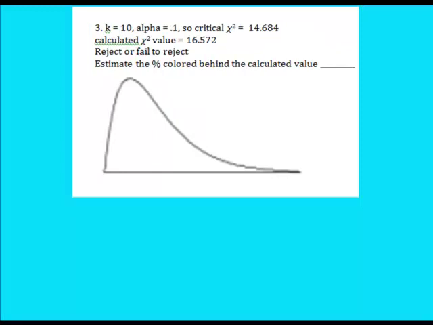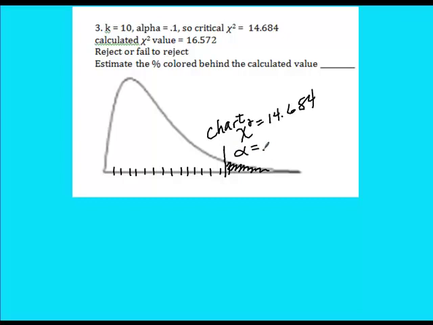Here I'm going to be dealing with a chi-square because it is skewed to the right. It's dealing with k, which is the number of groups. Here alpha is given as 10%, and the critical value is 14.684, somewhere around here. So my critical value, which comes from the chart, 14.684, gives me a rejection region that takes a probability into account, a probability that is 10%. 10% of the curve is shaded.